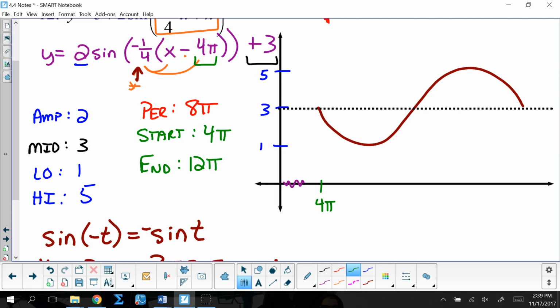We ended at 12 pi. 12 pi plus 4 pi is 16 pi, divided by 2 is 8 pi. 4 pi plus 8 pi is 12 pi, divided by 2 is 6 pi. 8 plus 12 is 20, divided by 2 is 10. So there is our curve.